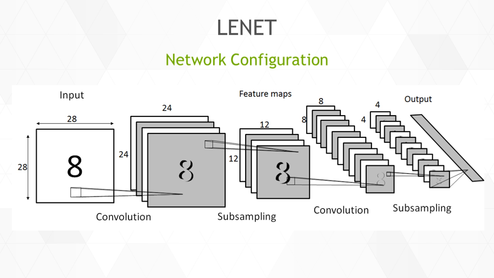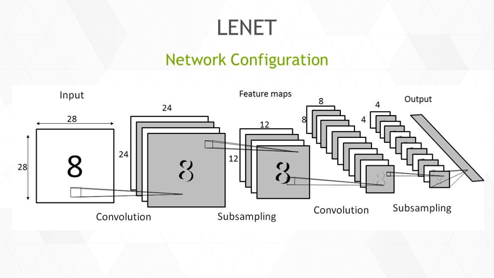Okay, so a network configuration. Here's LeNet, which I highlighted in the previous slide because I wanted to talk about it here. When I choose a network and think I might want to modify it, I try to think about what's going on with my network. What does my configuration mean?